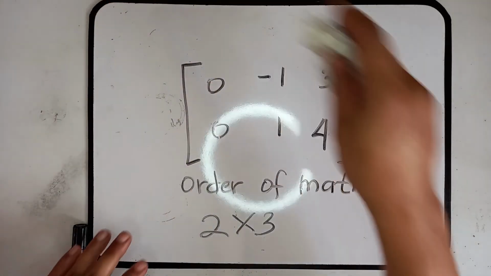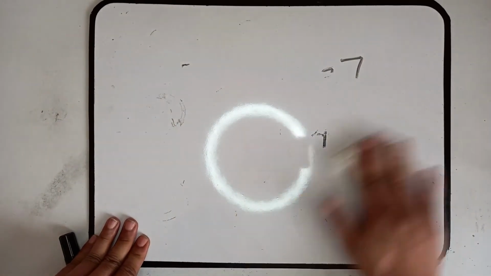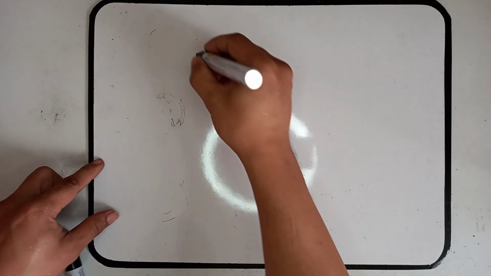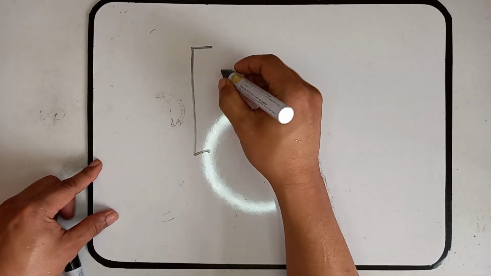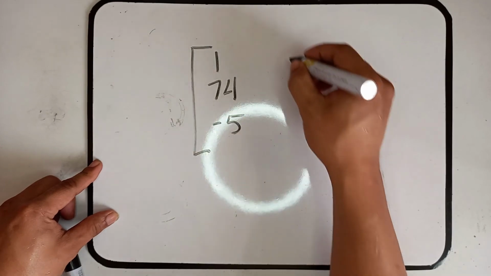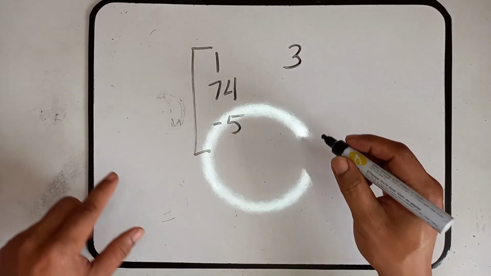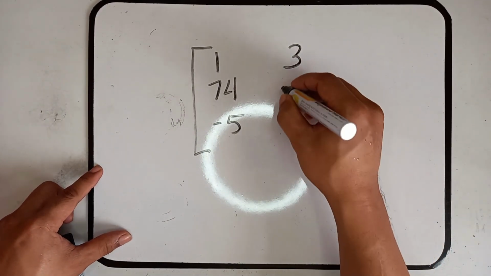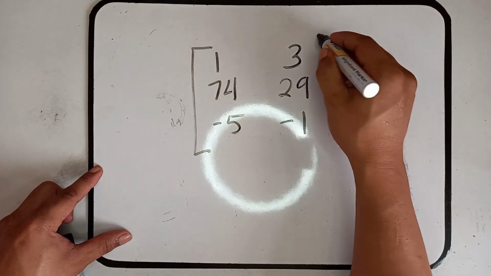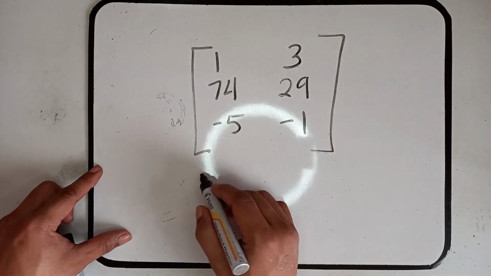Okay, so let's have another example. So let's say we have 1, 74, negative 5, 3, 29, and negative 1. So what is the order of matrix?